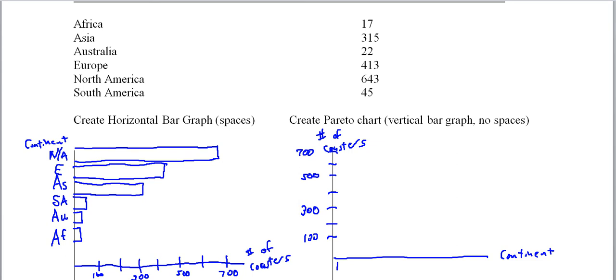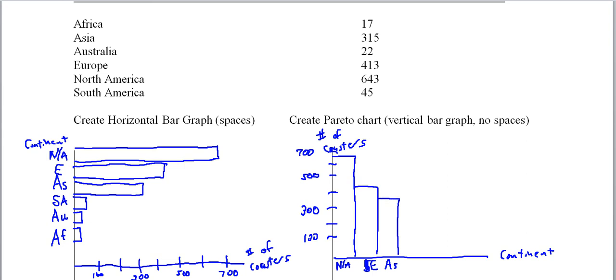All right, so the first one is North America, and North America has around 643, so to the naked eye, 650 is probably going to be its estimate there. From there, we're going to go to Europe. Whoa, I wrote a 5 there. From there, we're going to go to Europe, and Europe is going to have 413. And from there, Asia, so 315.